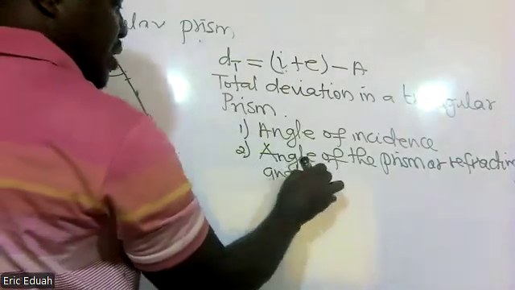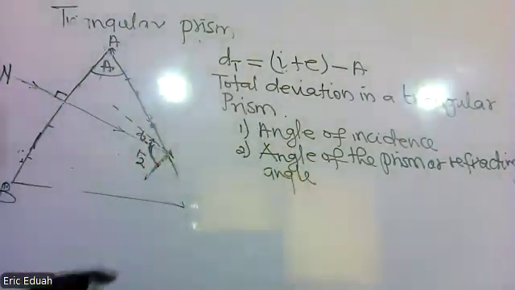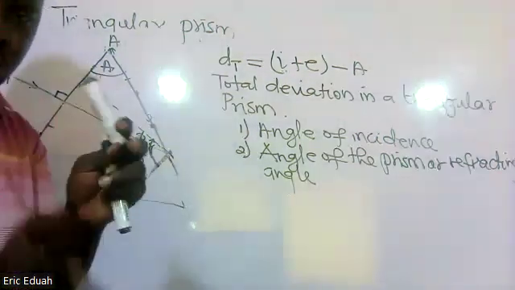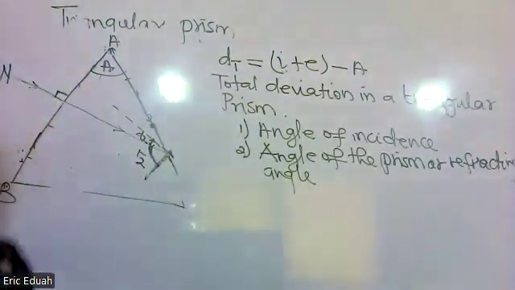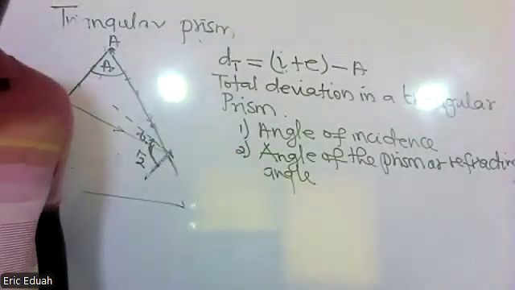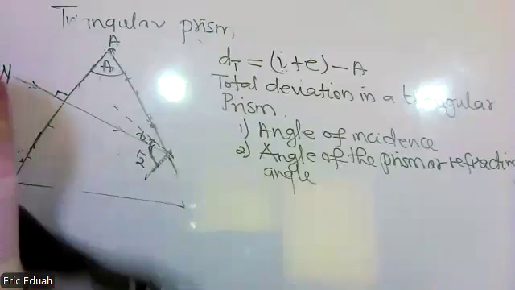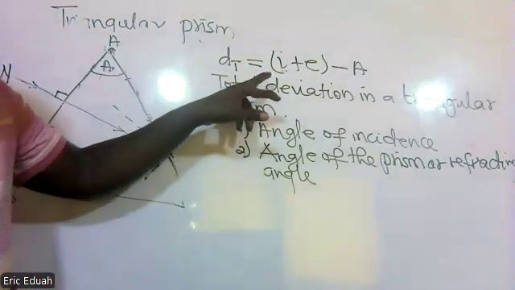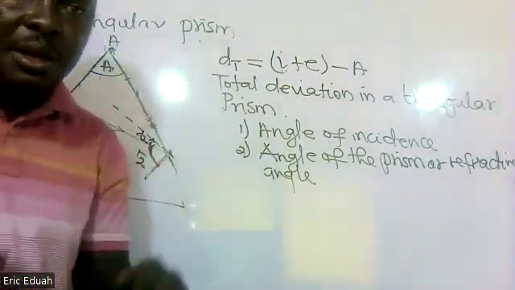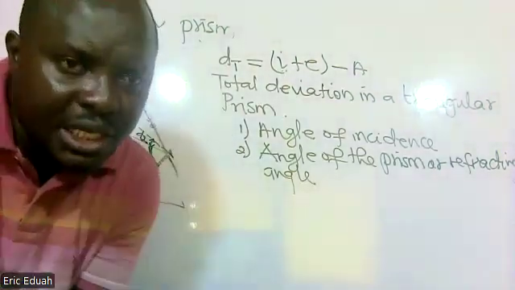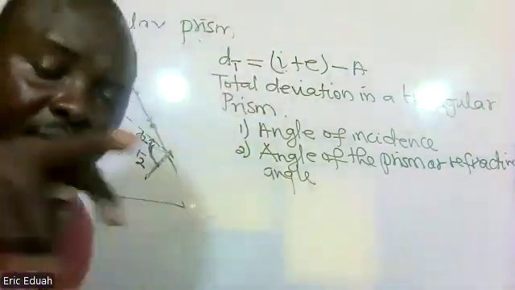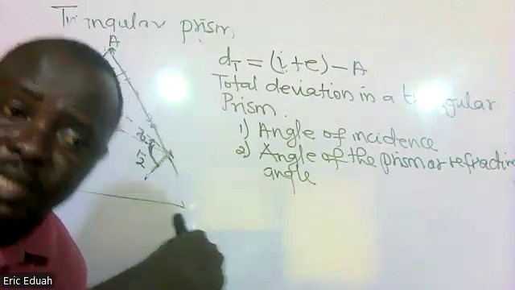Either you term this as the angle of the prism or refracting angle. As for E, the angle of emergence, we won't talk about it because whatever the value of I would give a corresponding E. So when you change I, it will change E. So once we've talked about I, that's it. But there are other factors which you can see here.